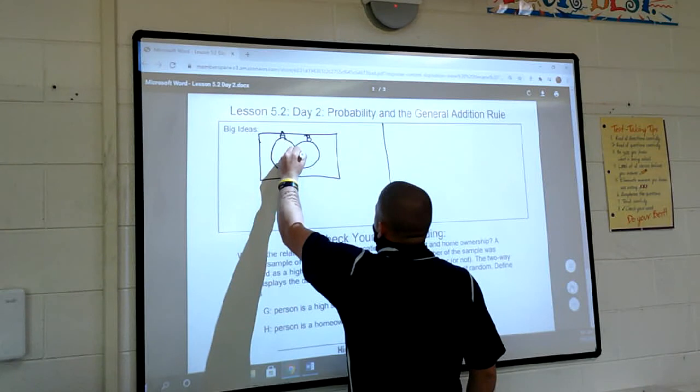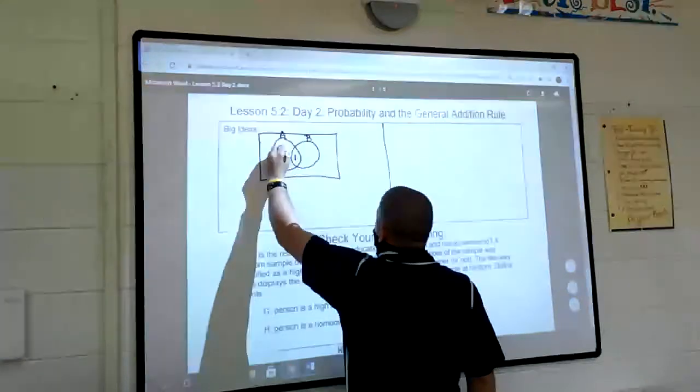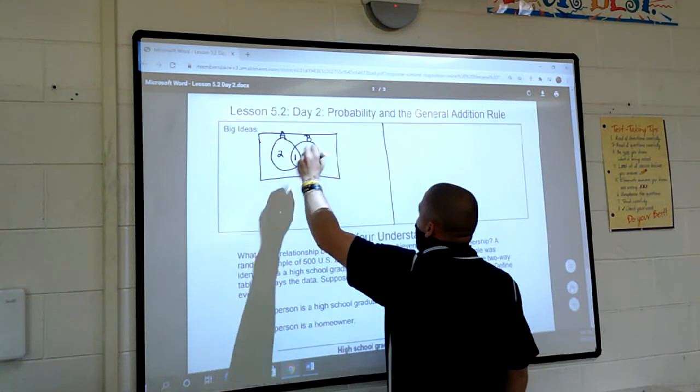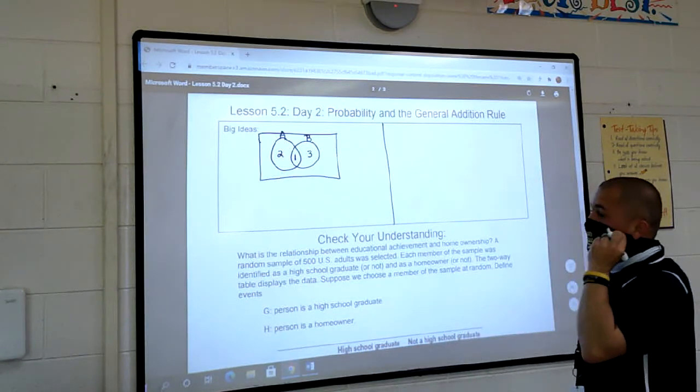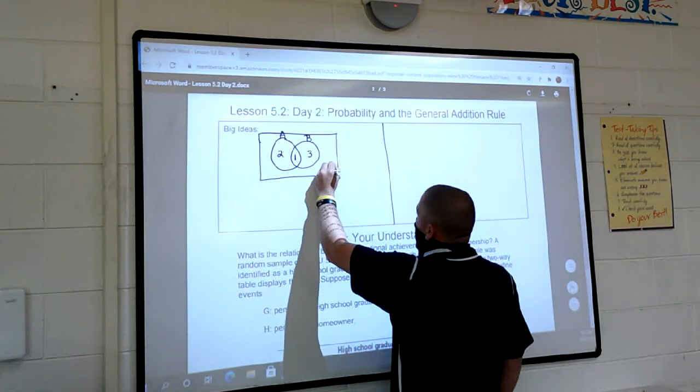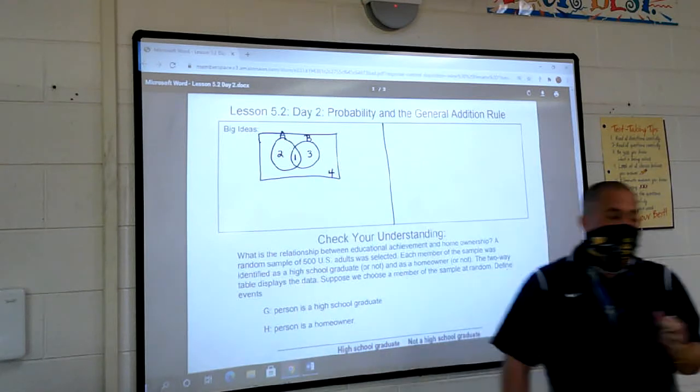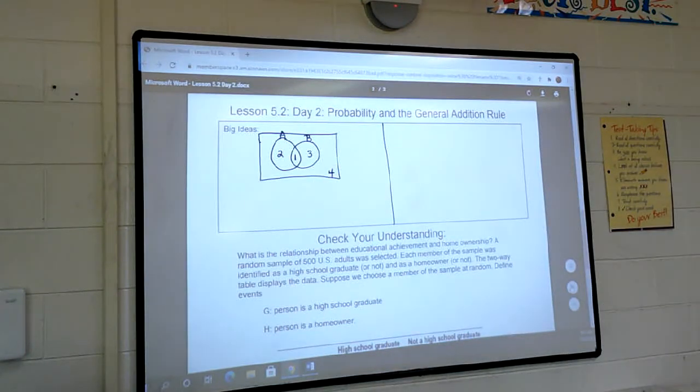We'll just put 1 here. If it just occurs in A but not in B, we'll give it a 2. If it occurs in B but not in A, we'll give it a 3. And over here, usually in the bottom right corner, are the ones that don't occur in either one. Okay, I'm just giving them a number.